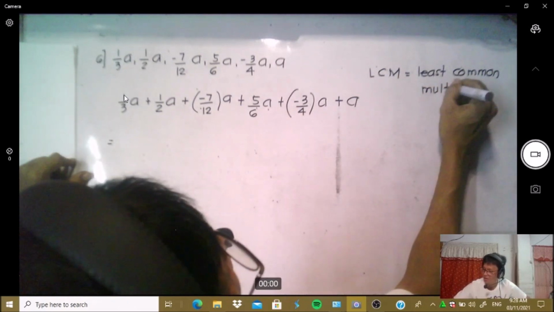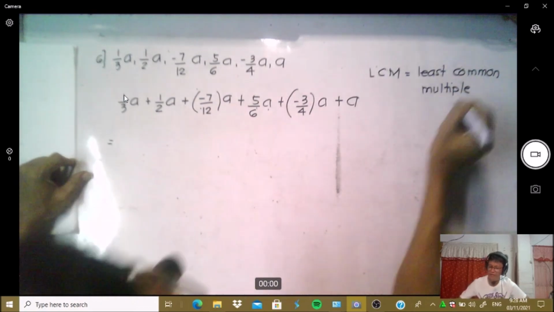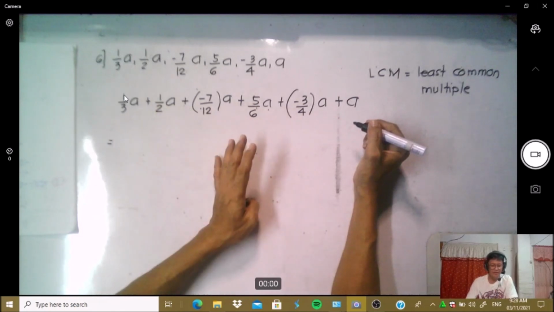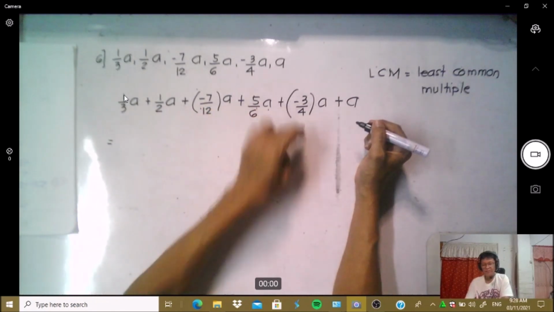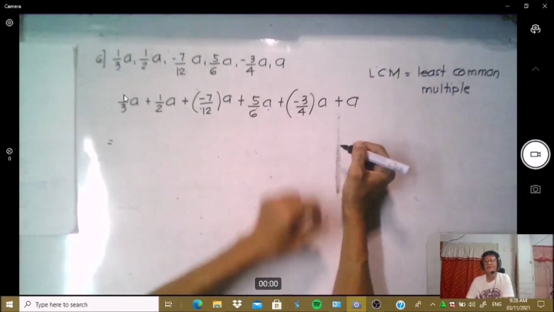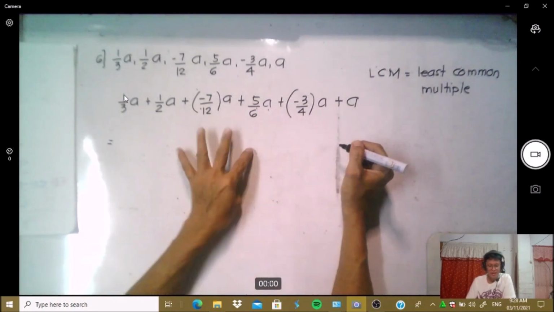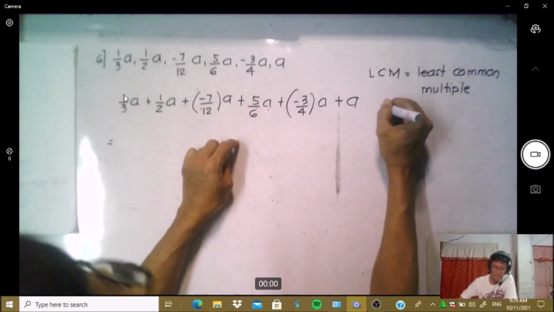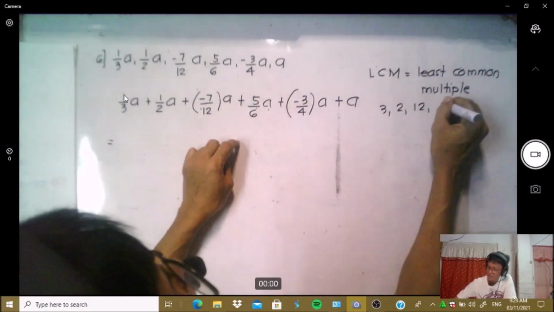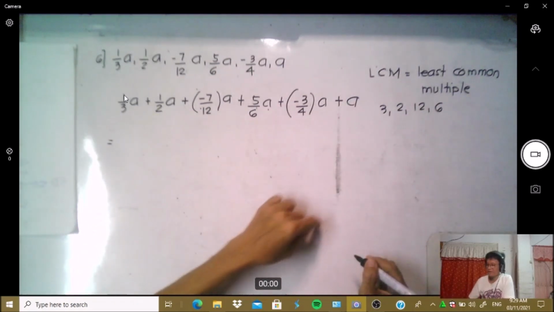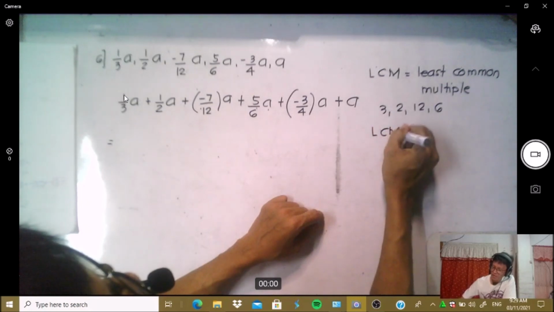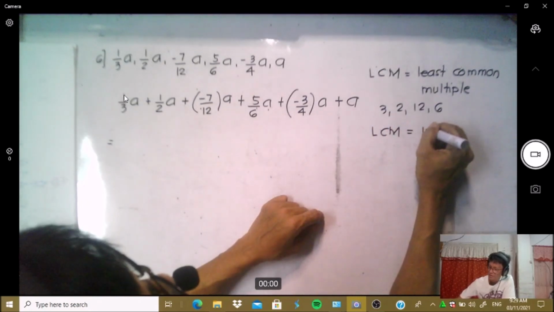It is the smallest number that all these numbers, 3, 2, 12, 6, 4, and 1, are factors of. We did not include 1. The least common multiple for these numbers is 12.